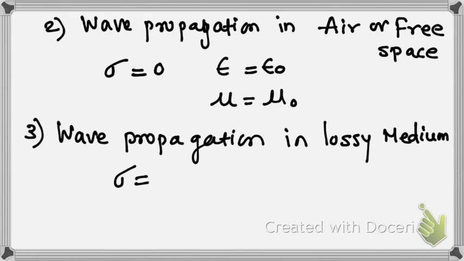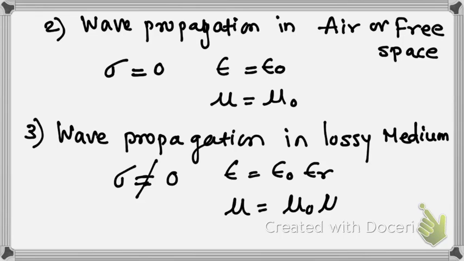So, sigma is not equal to 0 for those media, and epsilon will be present. Epsilon is epsilon naught epsilon r, and mu is mu naught into mu r, and that particular ratio sigma upon omega epsilon will become greater than 1 for lossy media, because there is some value for sigma, that is conductivity, hence it will become greater than 1.